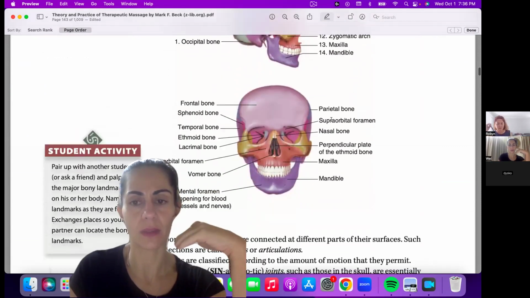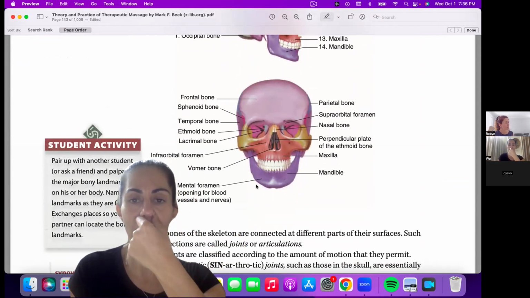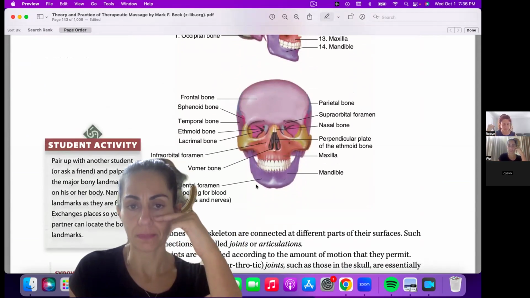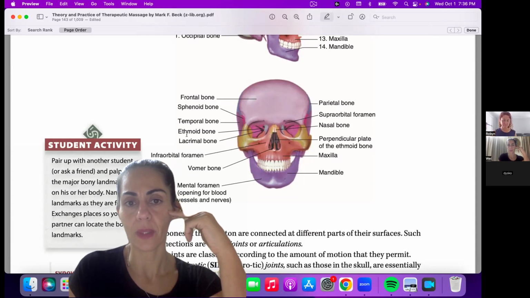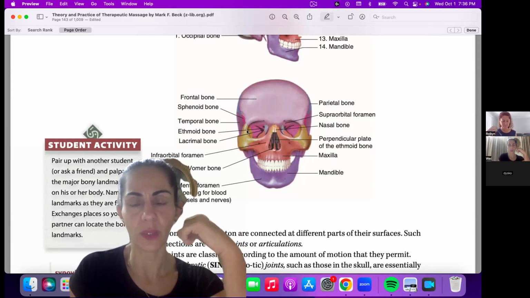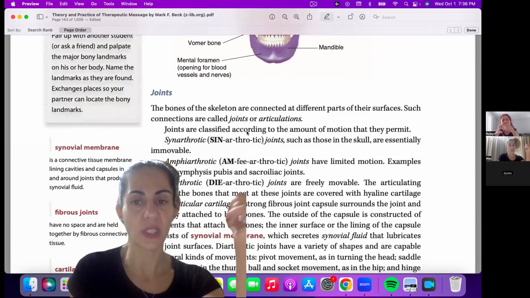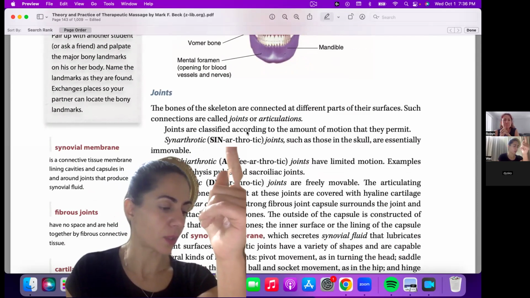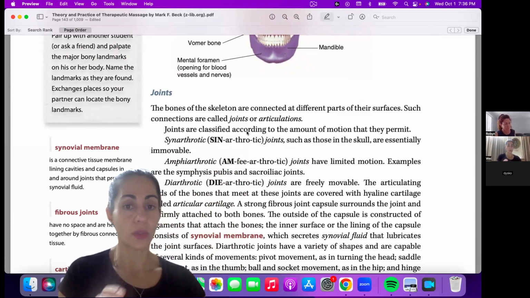And the major bones of the face: the mandible, the maxilla, the orbitals, the supraorbitals and infraorbitals, the nasal bone, ethmoid, lacrimal. These are a little deeper in the eye socket. Anyways, that's a whole other subject to get deep into. I just want to make sure that you understand the function and the difference between the axial and the appendicular, and that we go into the joints.